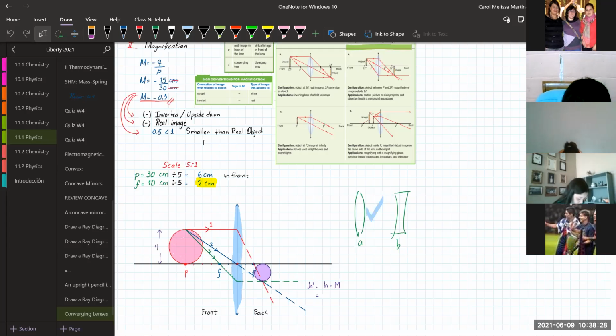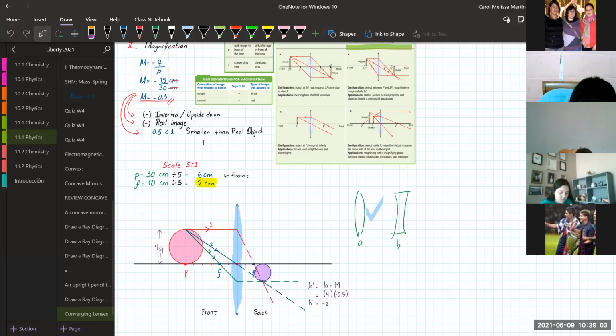Now, let's see if it makes sense. h prime is equal to h, that is 4 squares, times the magnification that gave me negative 0.5. So h prime gives me negative 2. Negative 2 means that it's below the x-axis, and the 2 means the size. The size should be 2 squares.